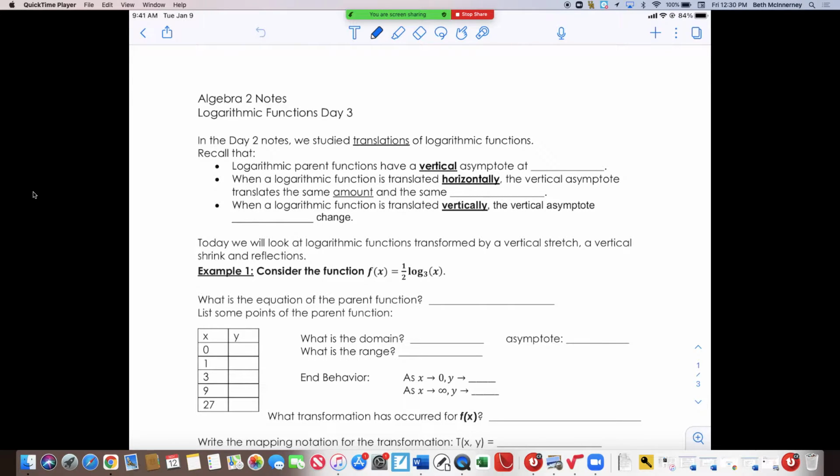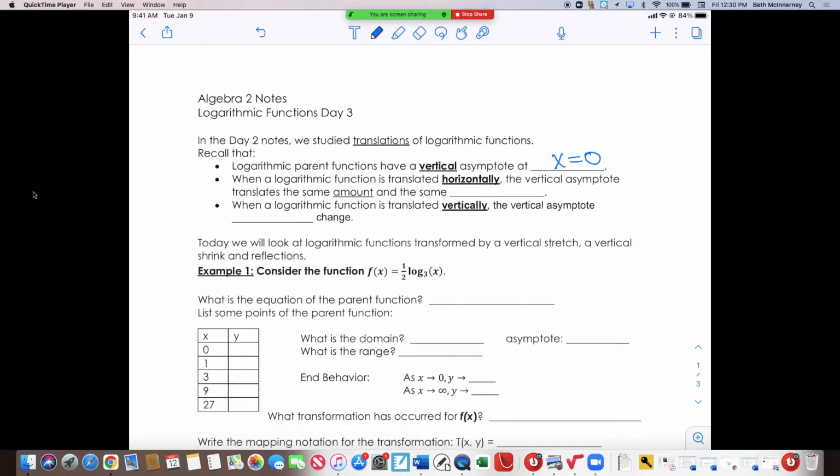All right, in the day 2 notes, we studied translations. That's the left, right, and up, down shifts. Recall that the logarithmic parent functions have a vertical asymptote at where? We just talked about this 3 times. Where's the x equals 0? Good job.